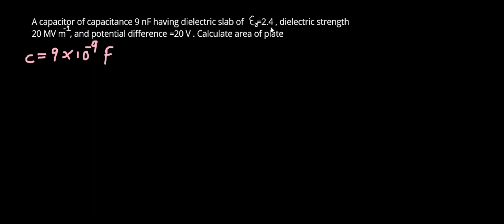Next, the dielectric slab. Normally we will be using epsilon naught times the medium's epsilon r. Since it is moving in the air medium, for the air medium this value is going to be 1.